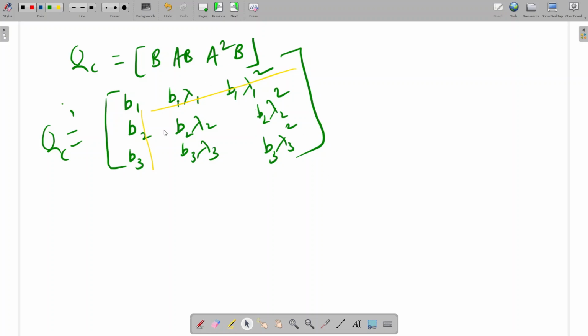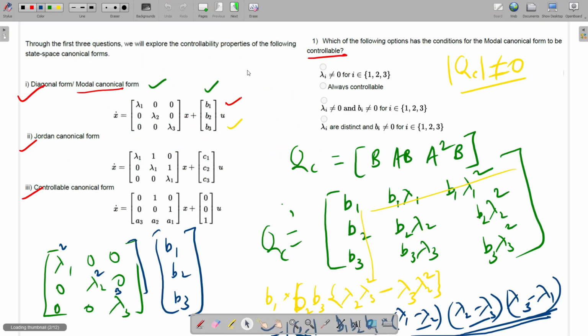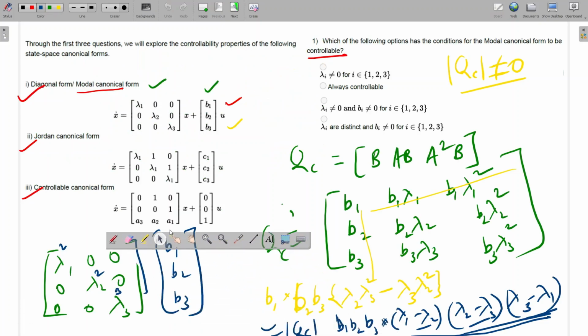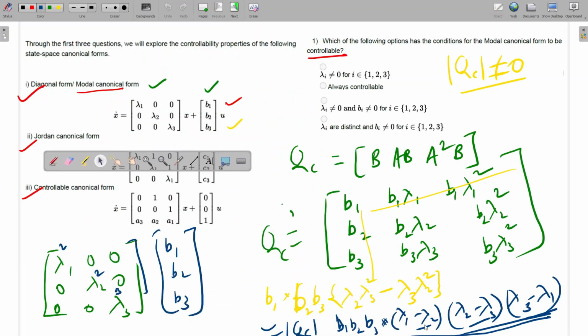So I'm going to simplify it. That final expression we will get: B1, B2, B3 into lambda 1 minus lambda 2, lambda 2 minus lambda 3, and lambda 3 minus lambda 1. Based on this, what will be the option? All lambdas should be distinct to make it non-zero: lambda 1 should not be equal to lambda 2, lambda 2 should not be equal to lambda 3, and lambda 3 should not be equal to lambda 1.